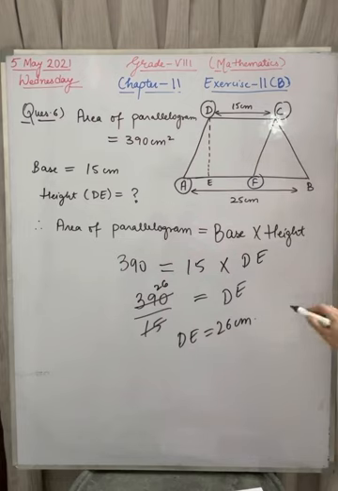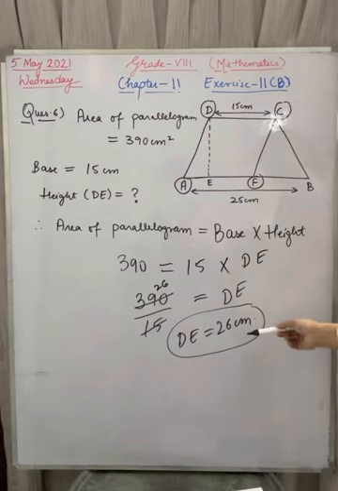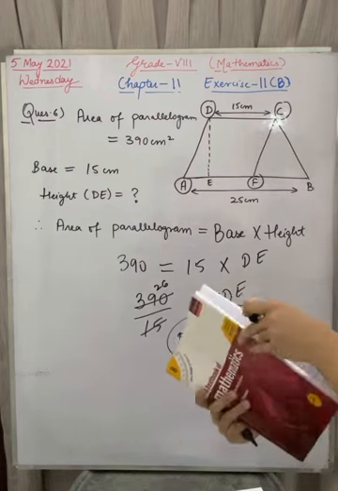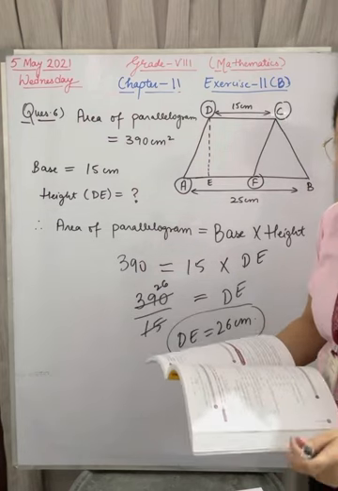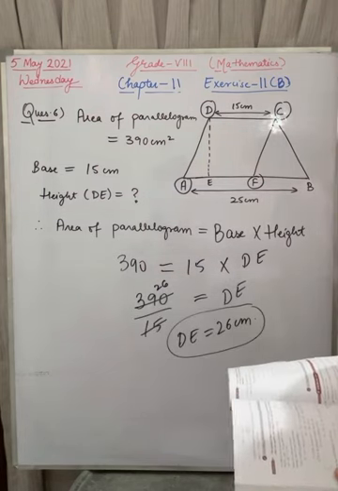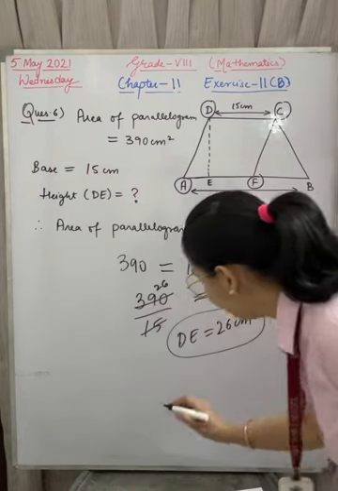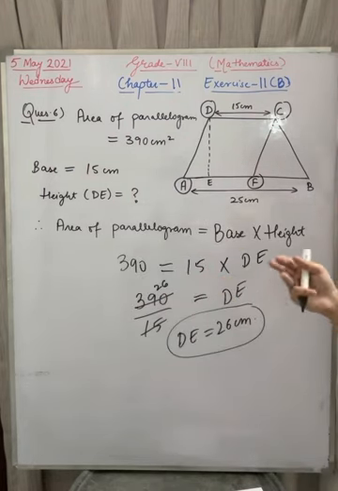Up to here is clear? Everyone, we have taken out the height of the parallelogram. Okay, now next step: in the question they are saying to find the area of trapezium. So for the area of trapezium, what values do you want?